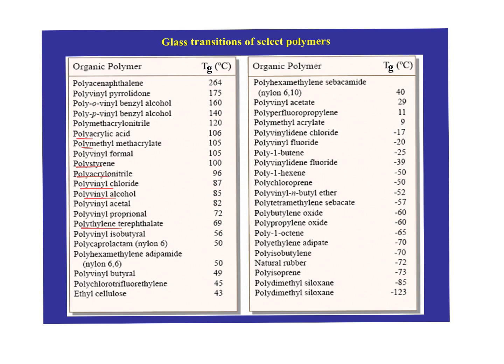Well, I'm familiar with a lot of these, but some of these you're not familiar with. Polymethacrylate. Let's see. Polychloroprene, we talked about that. Let's talk about it again today. Polypropylene oxide, polyisobutylene, natural rubber, polyisoprene, PDMS.